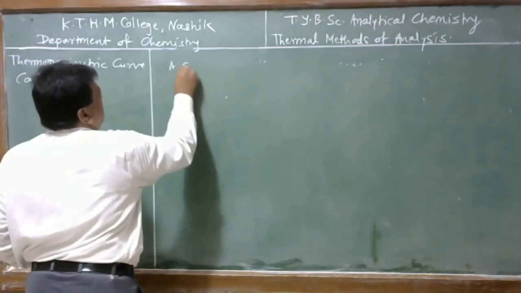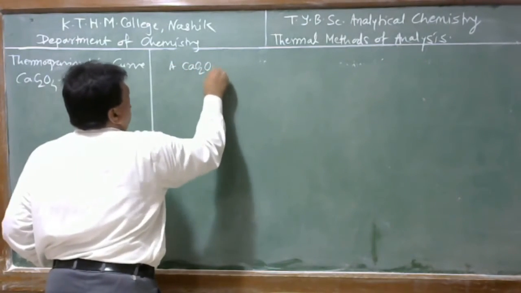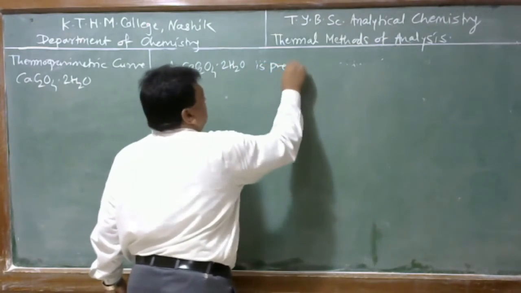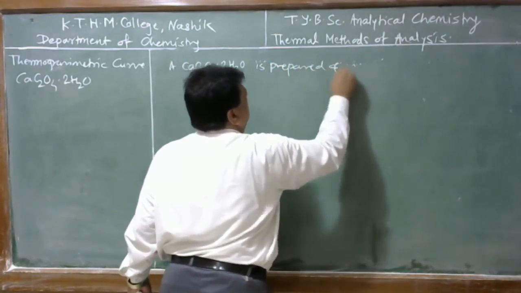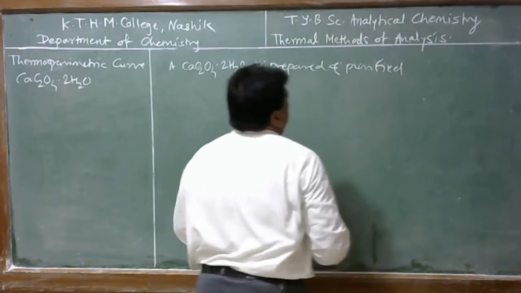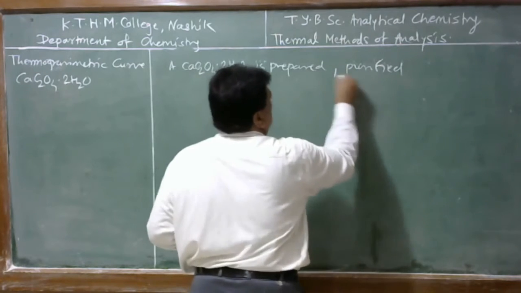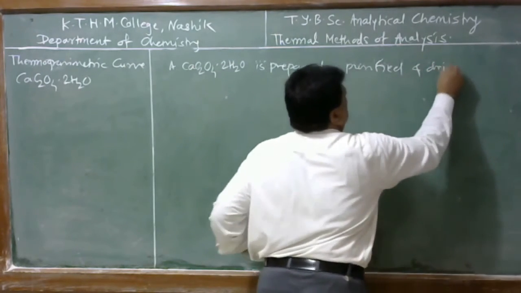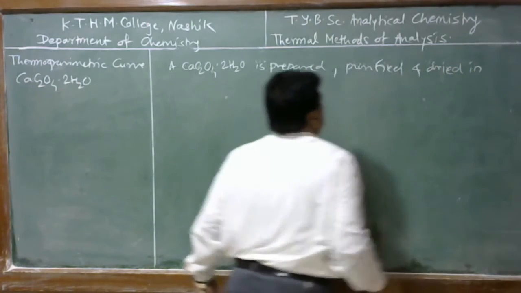A calcium oxalate CaC2O4·2H2O is prepared, purified and dried in laboratory.